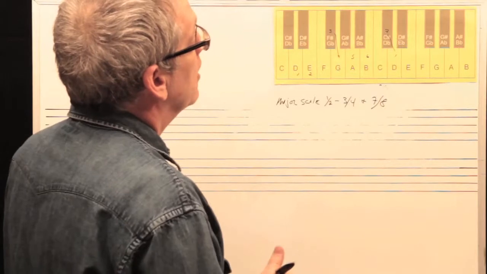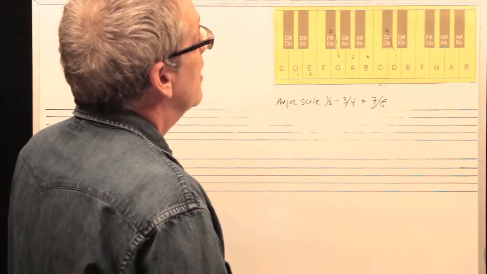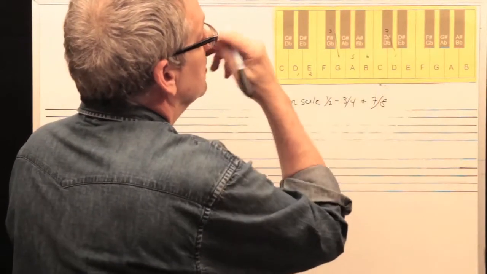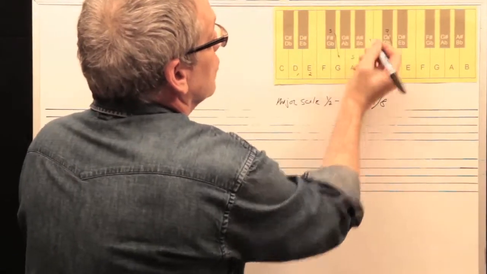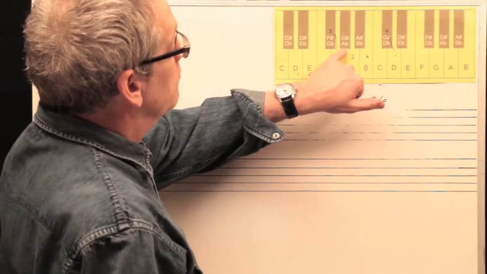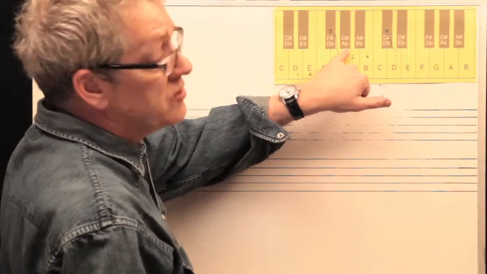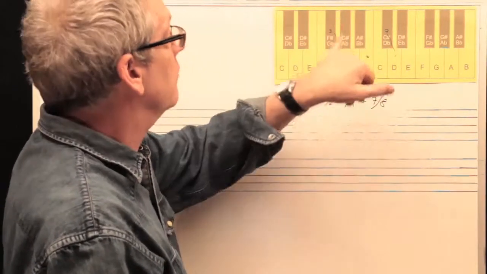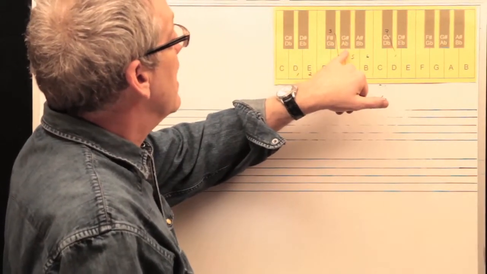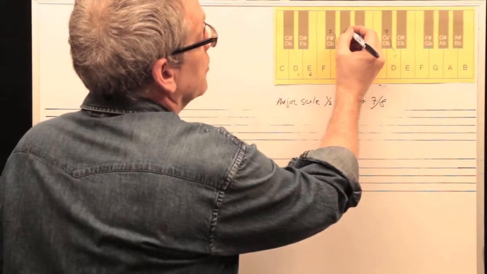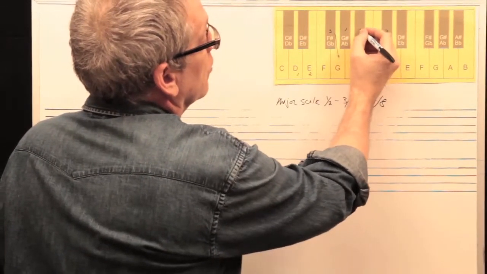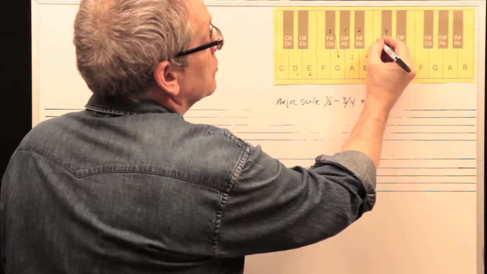Let's say you want to start in the key of A flat. So where's A flat, or G sharp? Typically it's referred to as A flat, but that's a whole other subject. So here's A flat. There's one whole step, whole step.